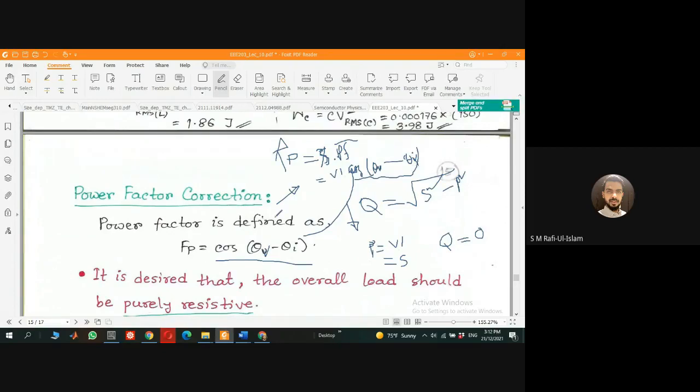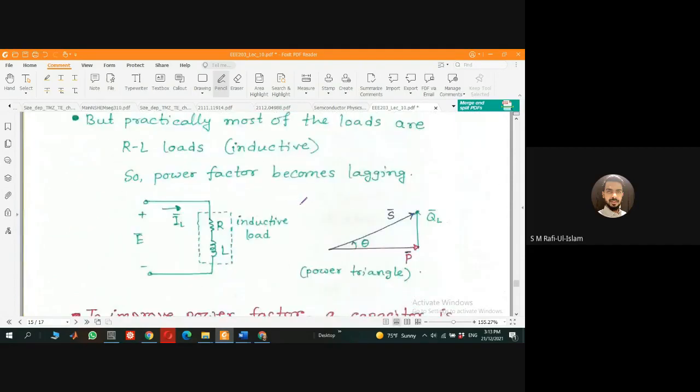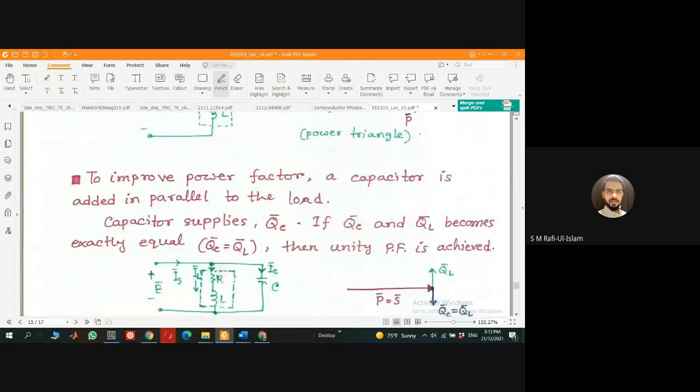If I have an inductive load, we need to add a capacitive load, or capacitor there, or vice versa. If I have a capacitive load, then we need to add an inductive load there. This is not a small topic, it's a big topic. But for this course, we just want to introduce the concept of power factor improvement.